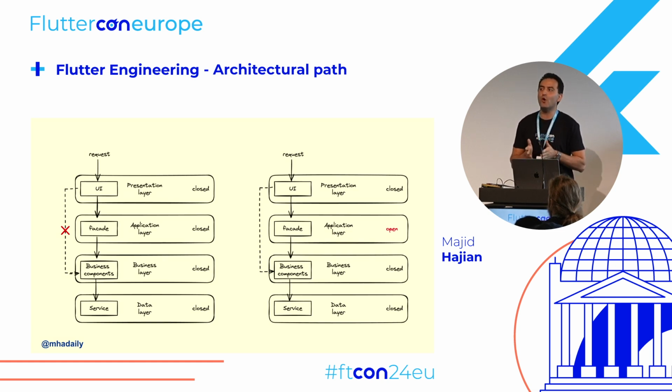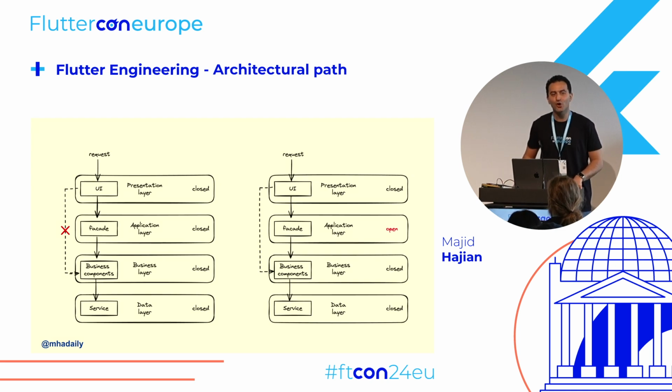But does it mean it's the only approach? Absolutely not. There are always some reasons you may want to open a layer and go from the UI directly to other layers, bypassing this stuff. It just depends on your application, and you can make that part optional.